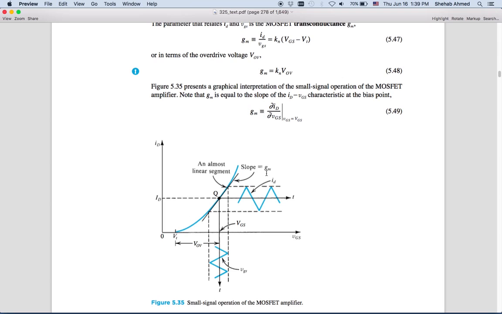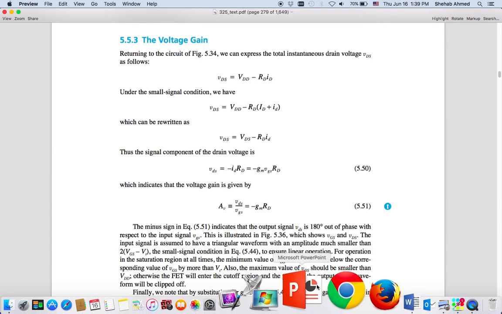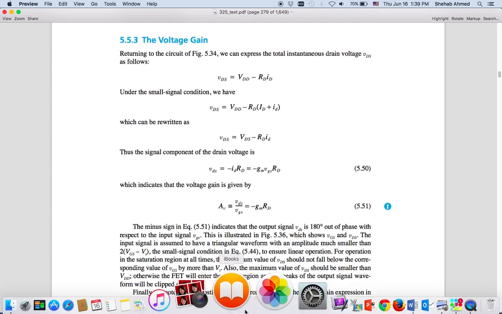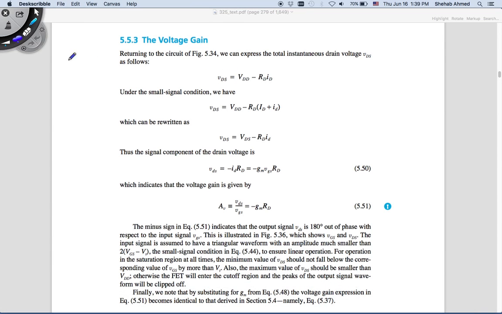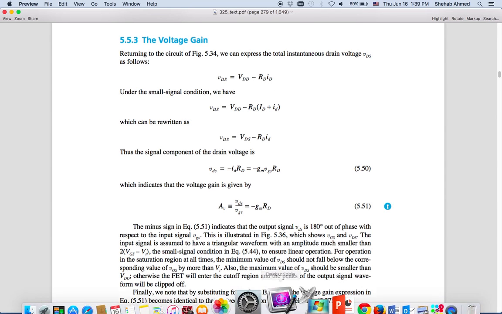Since I'm applying superposition, RD will have to be placed in parallel with the output. This is the effect of placing RD in parallel with the output.